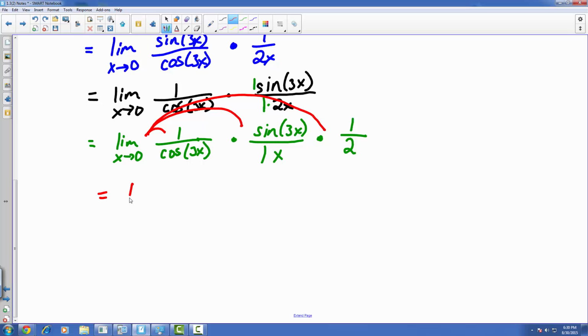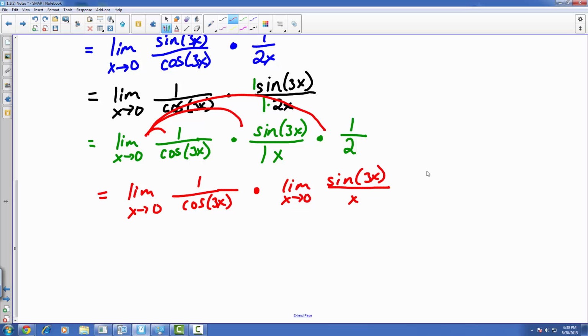So once we do that, we have the limit as x approaches 0 of 1 over the cosine of 3x times the limit as x approaches 0 of the sine of 3x all over x times the limit as x approaches 0 of 1 over 2.